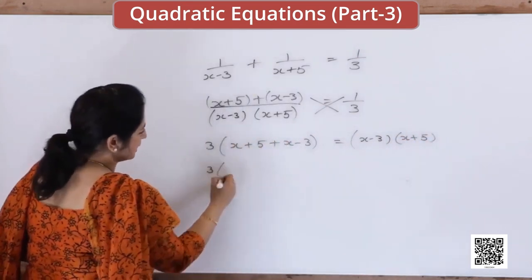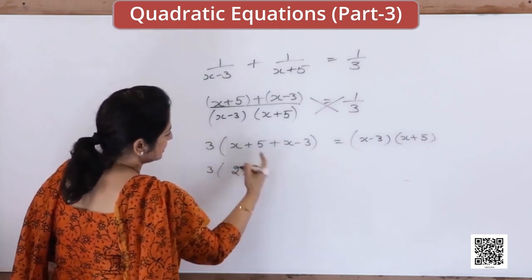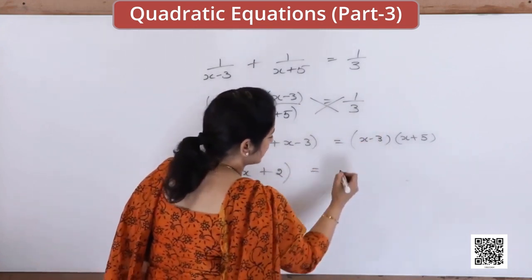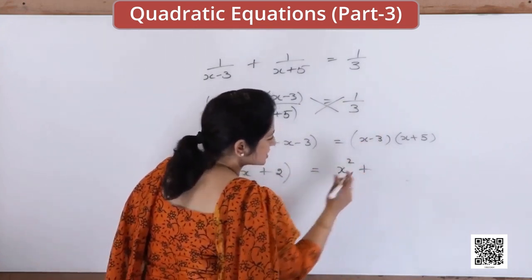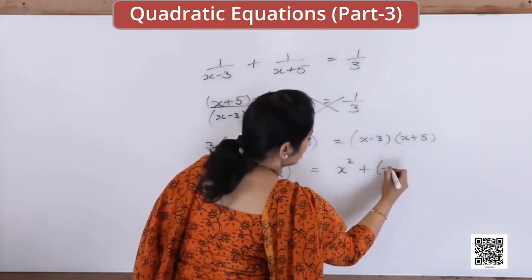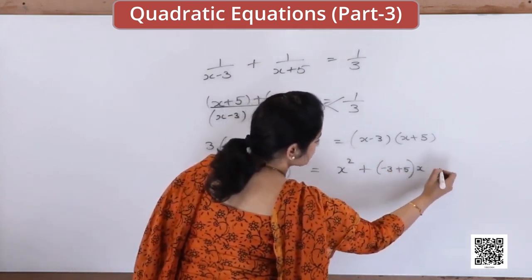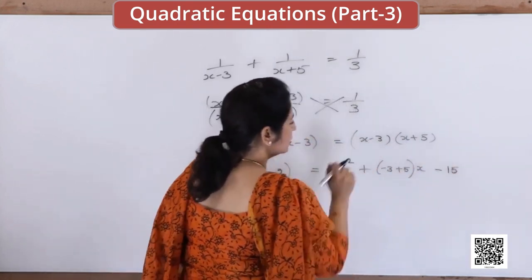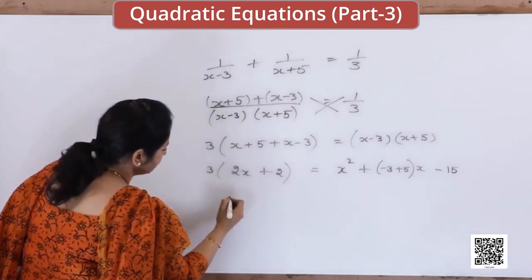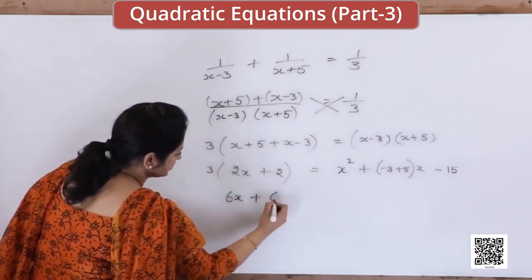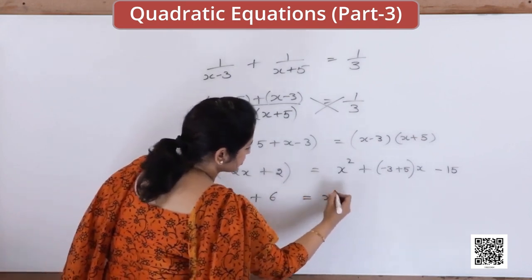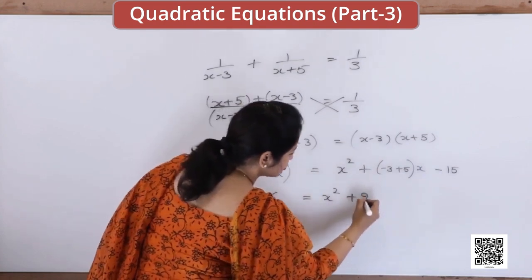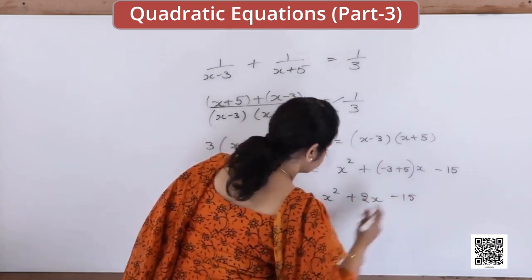Now solving this, we will have 2x plus 5 minus 3 is 2, equal to x minus 3 into x plus 5. It will give us x square plus we have a plus b x, that is minus 3 plus 5 into x, and then we have ab. It will be minus 15 because we have 3 negative. So here we will have 3 2s are 6x plus 3 2s are 6, and here x square minus 3 plus 5 is 2, so plus 2x minus 15.